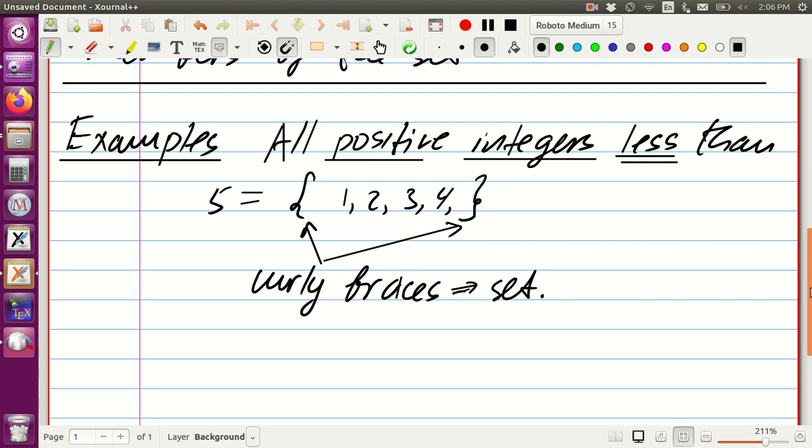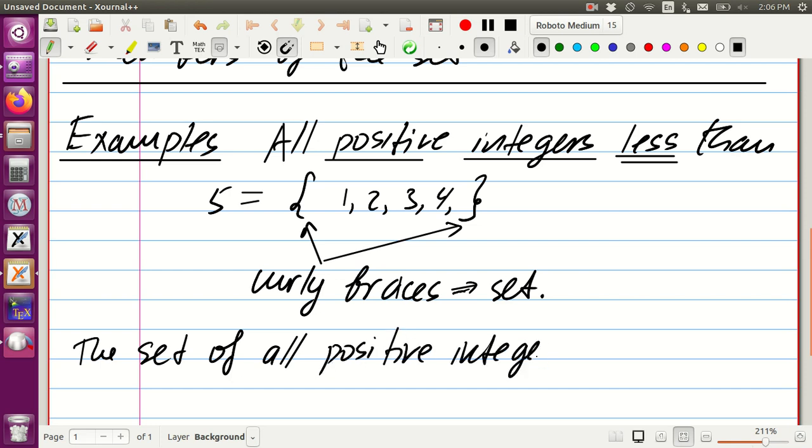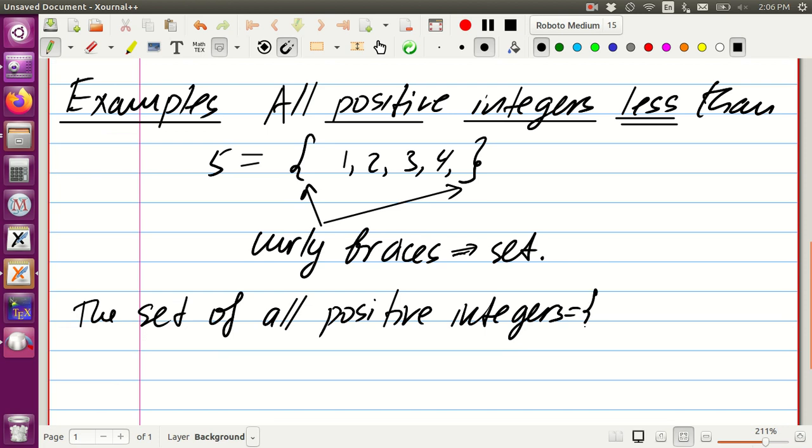What else we can do? We can put the set of all positive integers. So let me ask you, how would you write it? To write it, we need to use a curly brace.